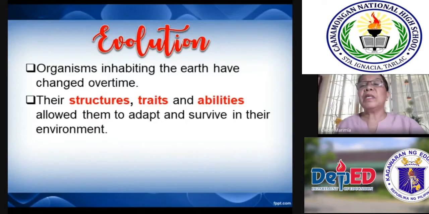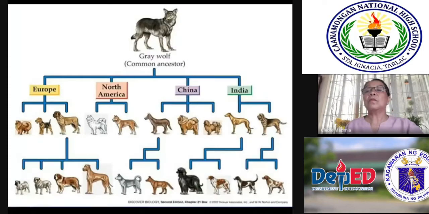Organisms inhabiting the earth have changed over time. Their structures, traits, and abilities allowed them to adapt and survive in their environment. Take a look at the chart.